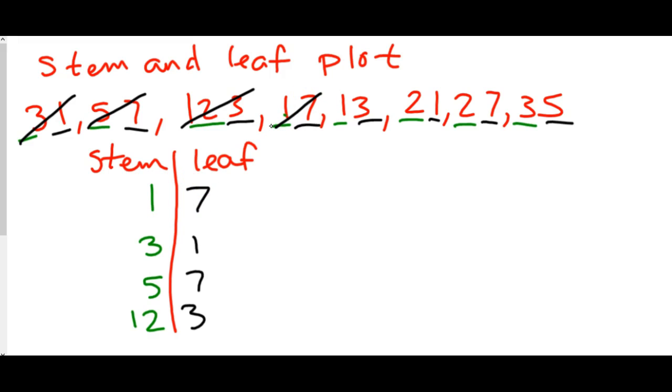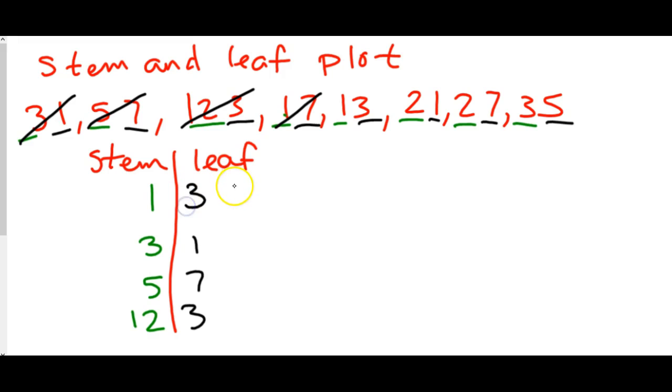Now this is where it's a little bit different. 13 has the same stem. We don't have to write it again. We just write the leaf. So 1, and then 7, then 3. And actually, I should have maybe put the numbers in order first, because really it should be the 3 first, and then the 7.